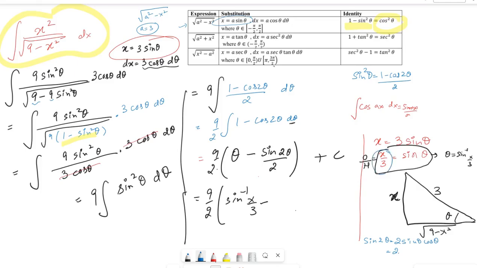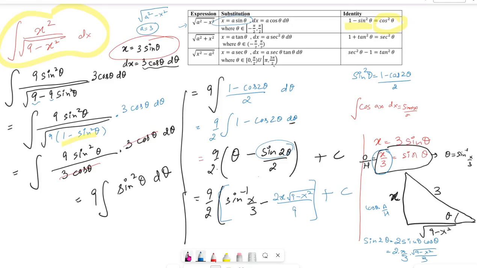Sine theta is x by 3 and cosine theta can be written as adjacent over hypotenuse. So that would be the square root of 9 minus x square by 3. So in total, this sine 2 theta becomes 2x square root of 9 minus x square divided by 3 times 3, which is 9.